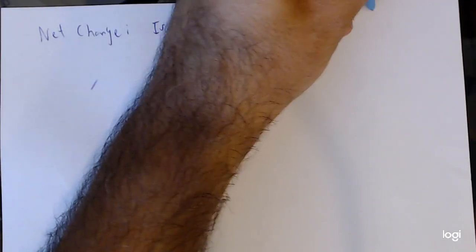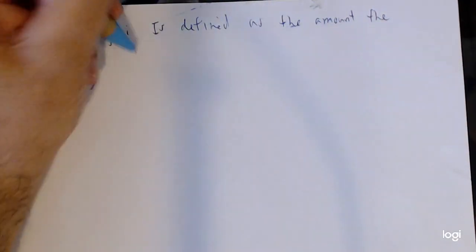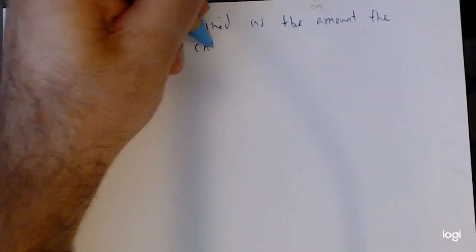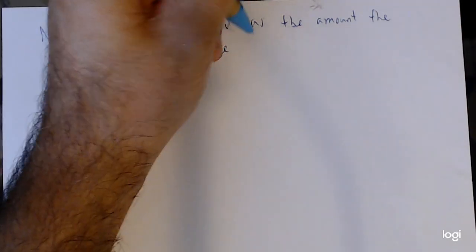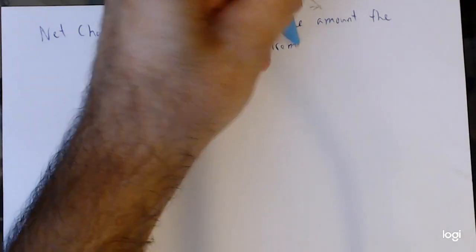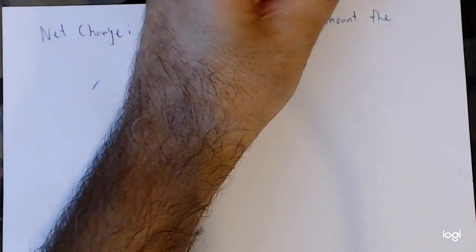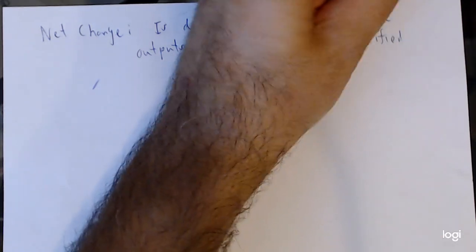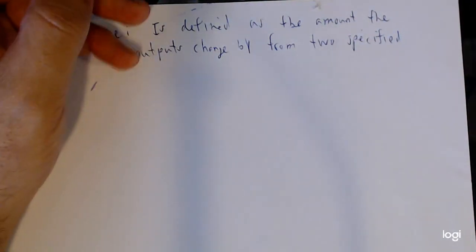So this is defined as the amount the outputs change by from two specified input values.